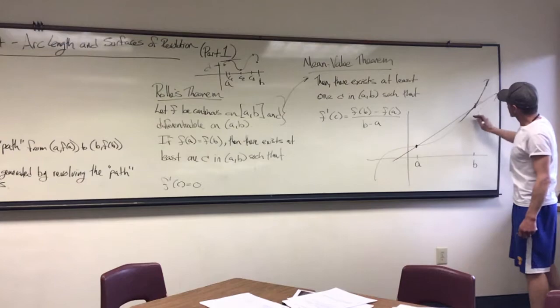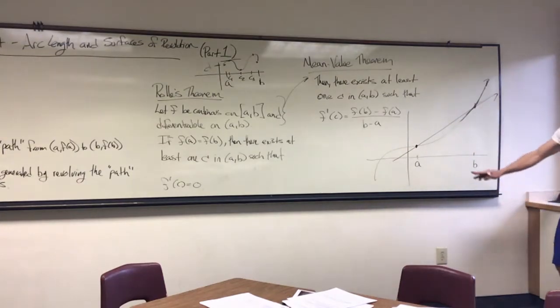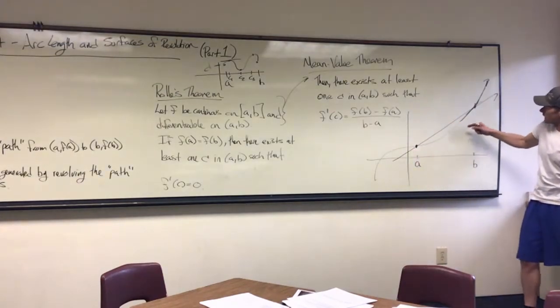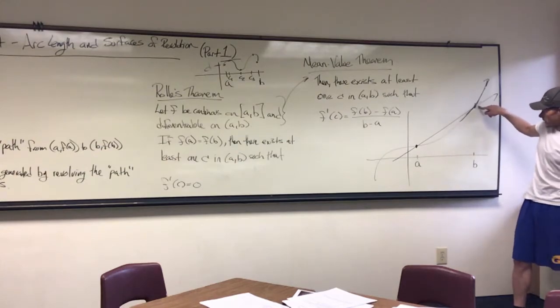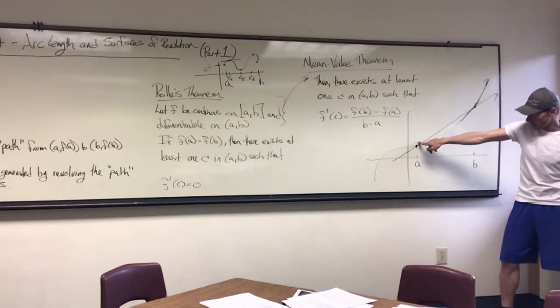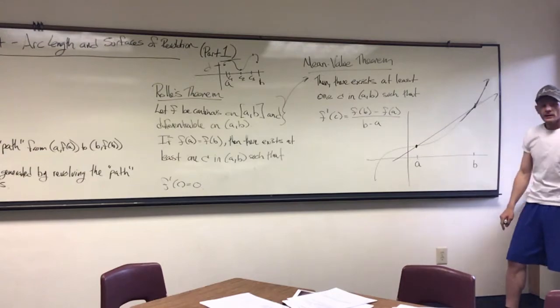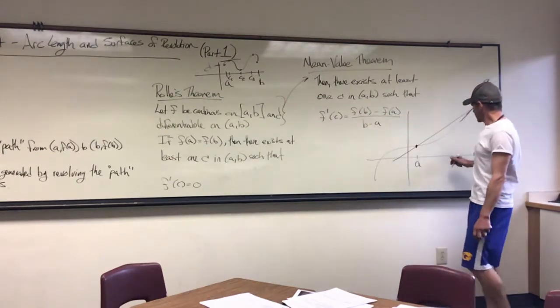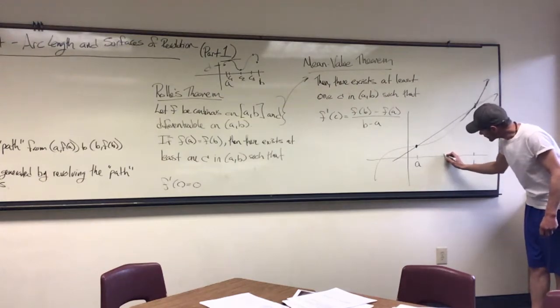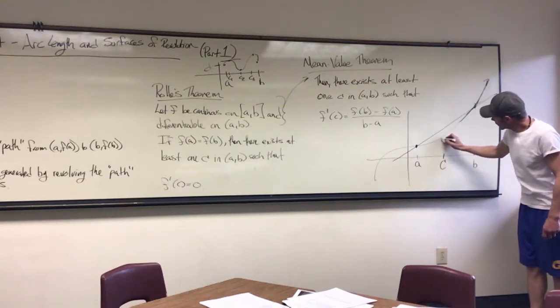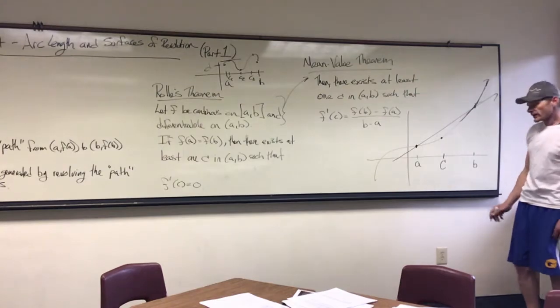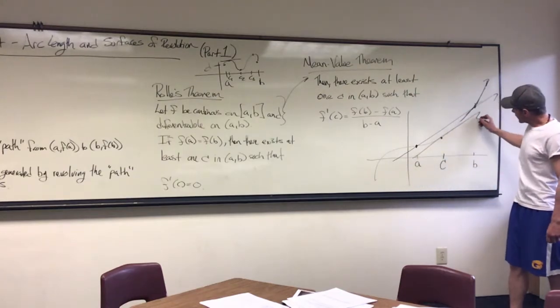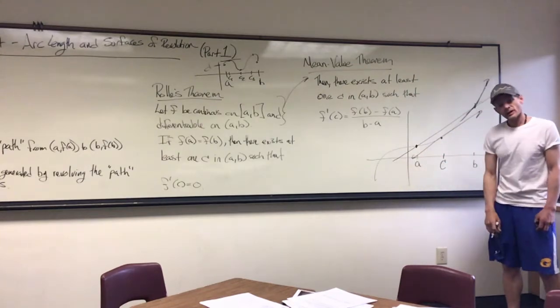So this is the slope of the secant line, right? Change in y, f of b minus f of a, over change in x, b minus a. And all that's saying is that there has to be at least one c in this interval somewhere where, if we evaluate the derivative there, we will have precisely the same slope.